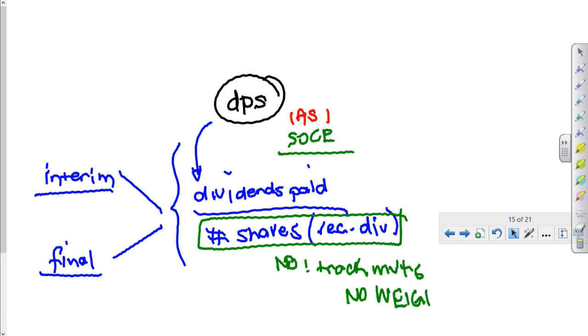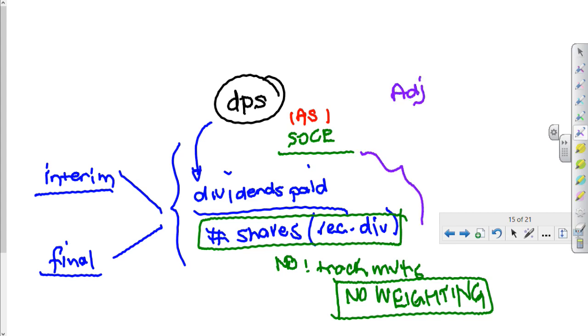We just track movements, because if there was a share issue halfway through the year, then maybe there was a dividend declared at the beginning to less shares, and then there was a share issue and there was a dividend declared at the end to more shares, isn't it? So we have to track movements in shares. There's no weighting involved, but we have to track movements to figure out how many shares got dividends. Right, now I said to you that it is a simple, easy calc, but there is one adjustment.